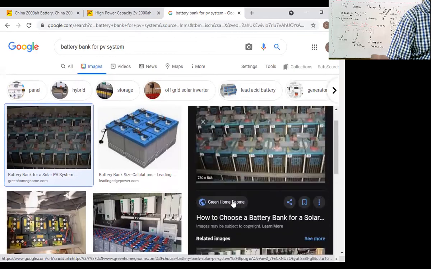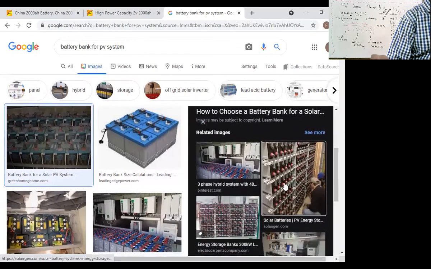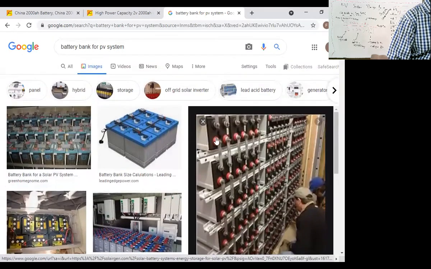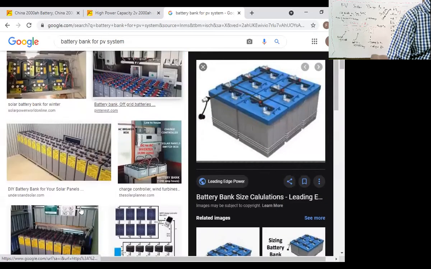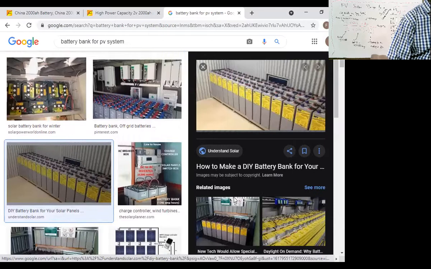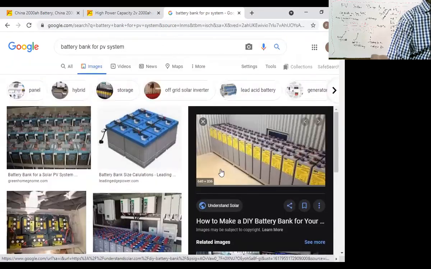Now there are a lot of batteries in the battery bank. You can see here the batteries are connected in series parallel combination. So it entirely depends on your chosen specifications of the charge controller as well as the inverter. Now look, in this picture you can see the number of batteries.